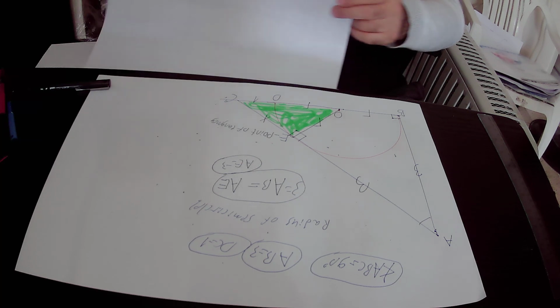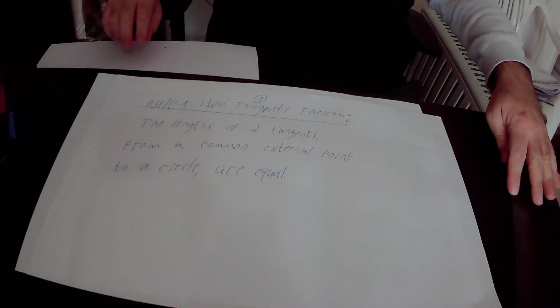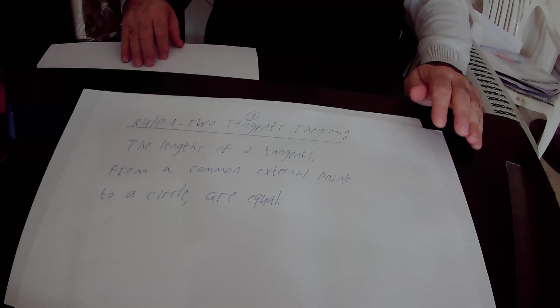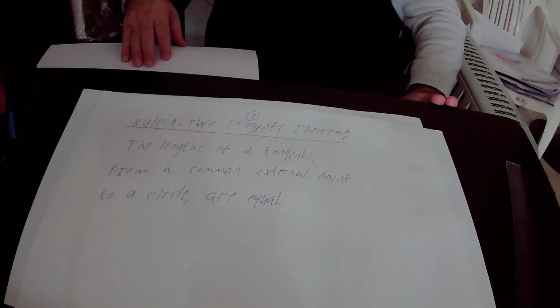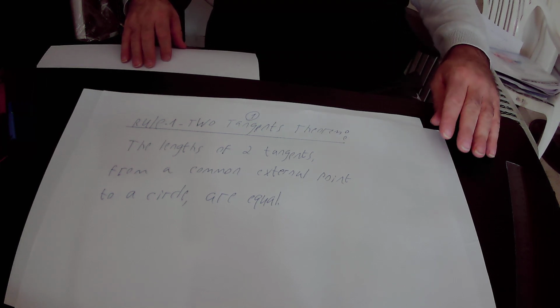So first of all, I presented to you rule number 1, that is the two tangents theorem. According to the two tangents theorem, the lengths of two tangents from a common external point to a circle are equal. What is the meaning of rule number 1?